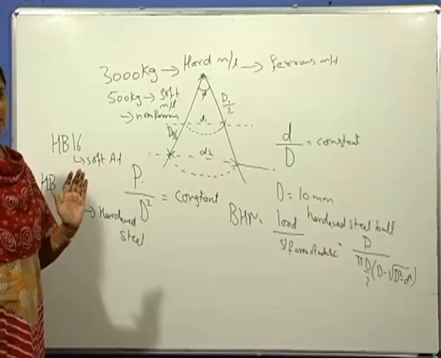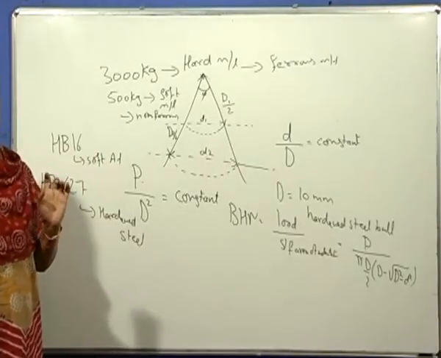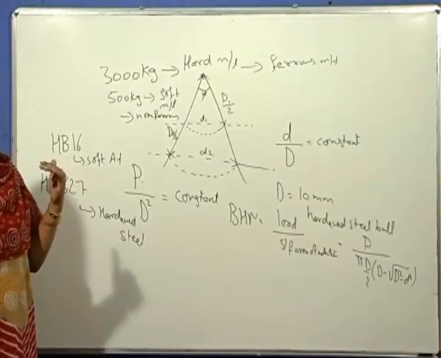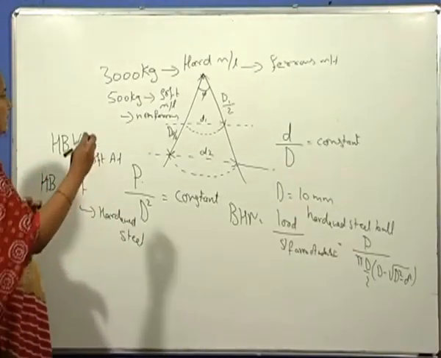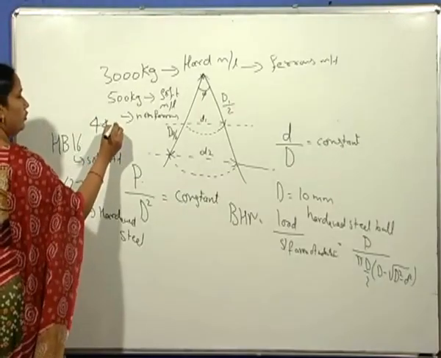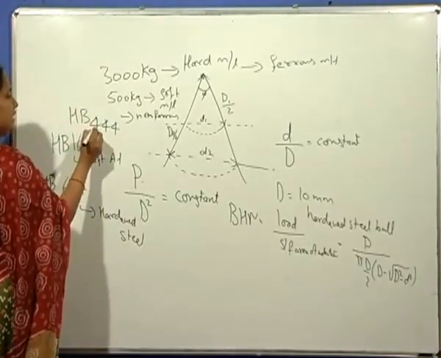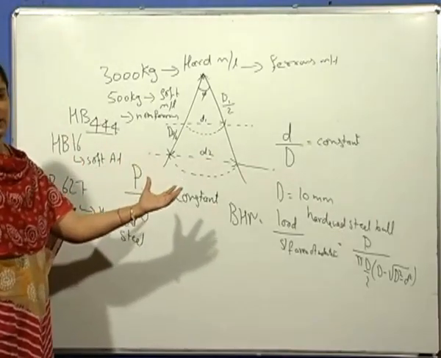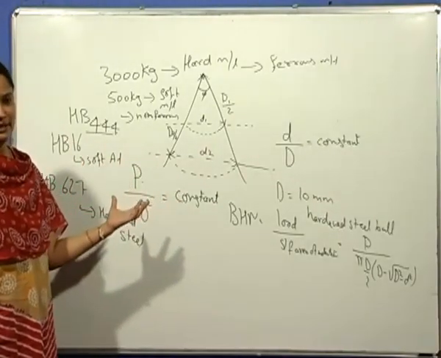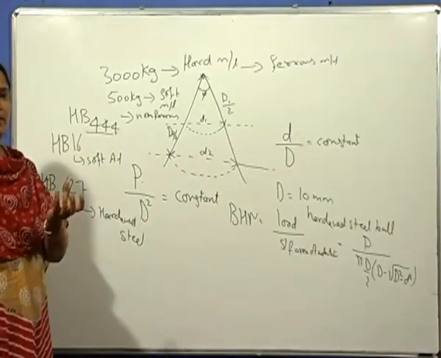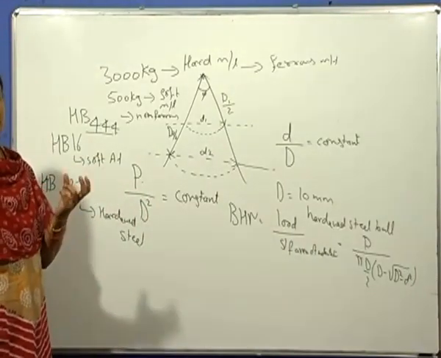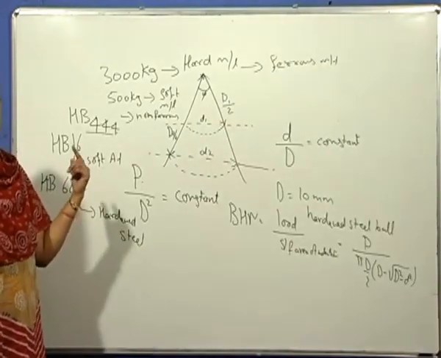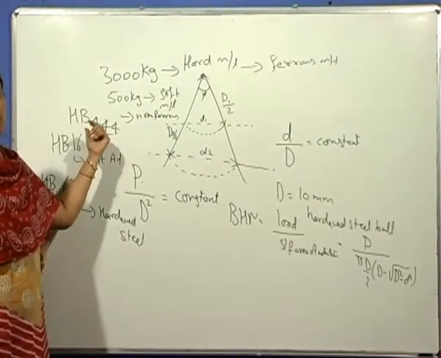So the Brinell hardness method, which uses a steel ball as indenter, has a problem when used for hardness numbers greater than 444. For hardness numbers greater than 444, the problem with the steel ball indenter is that it undergoes flattening and distortion at such very high values of hardness.